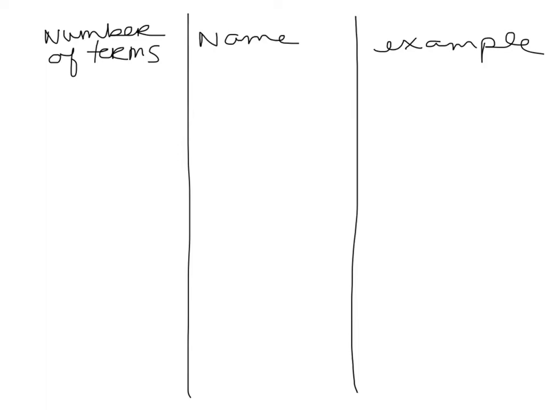We classify polynomials by degree and the number of terms, so now we are going to look at all the different names for all the number of terms. So if there were 0 terms, there would be nothing there, so therefore we don't talk about that one. The first one we talk about is if they have 1 term, and if there's 1 term, it's considered to be a monomial.